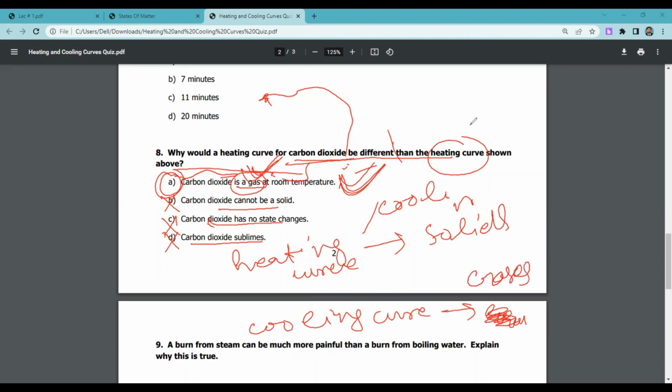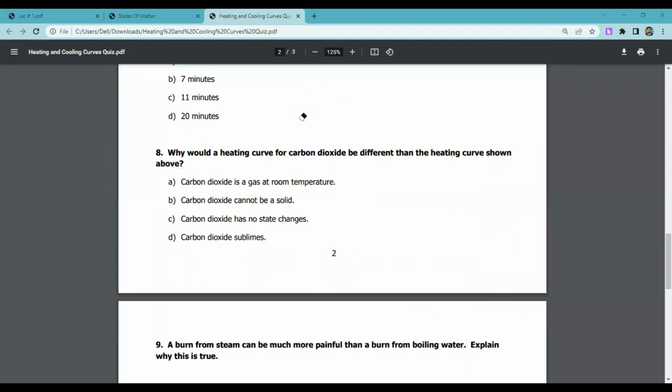I hope this is clear now. I want to indicate another point. This will help you to answer the question easily.